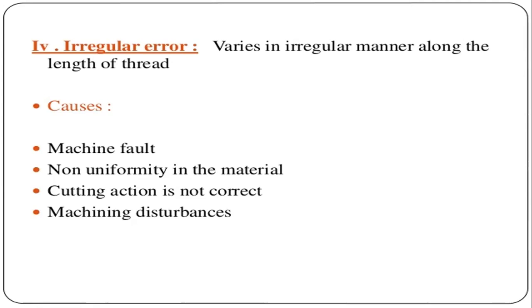Due to different machinability conditions, the cutting action is not correct, and it has several machining disturbances in it. So these are the different types of errors occurring in screw thread measurement.